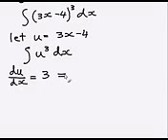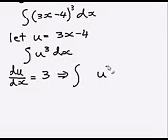Now what I can do is put this du/dx back into our integral. So what I'm going to do is write our integral as we have it here. So integral sign of u cubed dx, and I'm going to multiply this by du/dx. So I'm going to put that at the end.